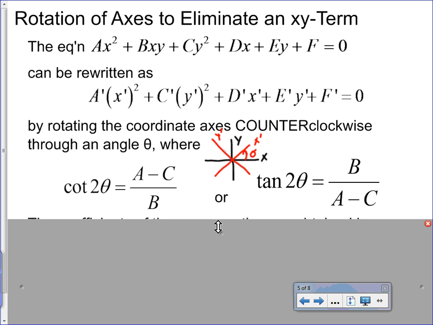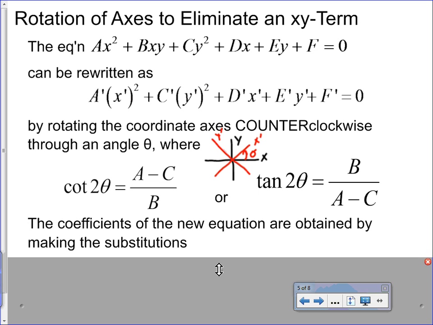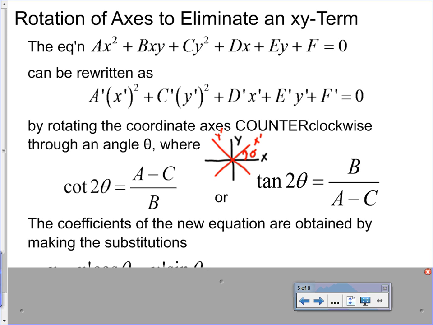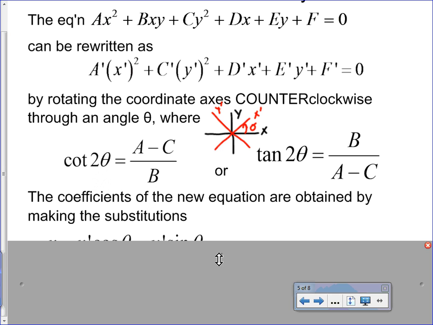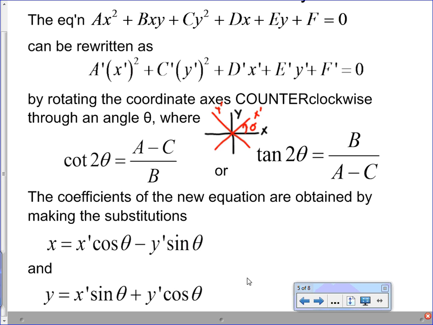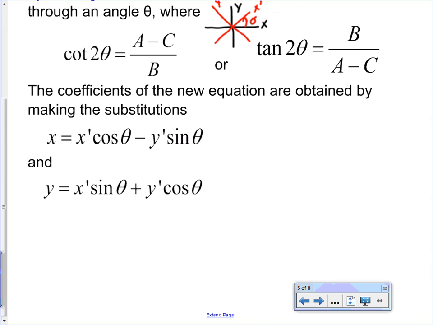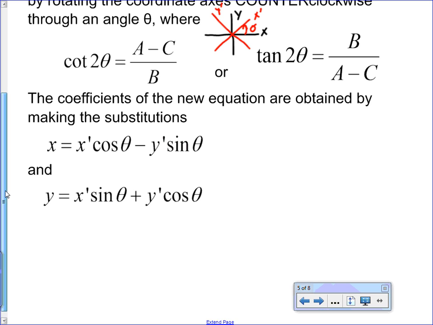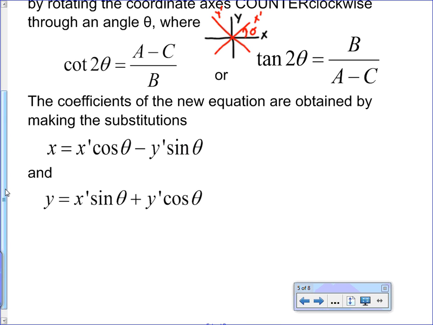Okay. Now, the other thing we need in order to be able to make this happen is some substitution for the regular x and y. So by our angle of rotation, it will be true that our new coefficients will be obtained by the following substitutions.